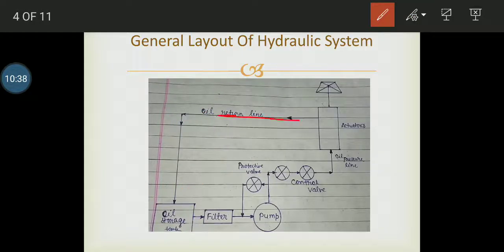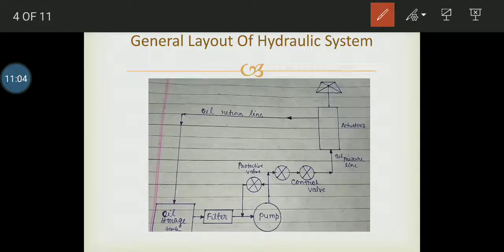This oil is normal oil which does not have any pressure energy. It is just a flow returned to the storage tank which we are going to use again. So the general layout of a hydraulic system defines the different accessories or components used in a hydraulic system.